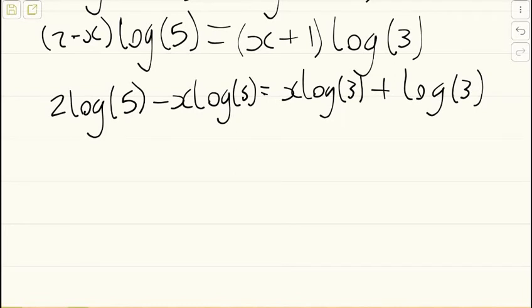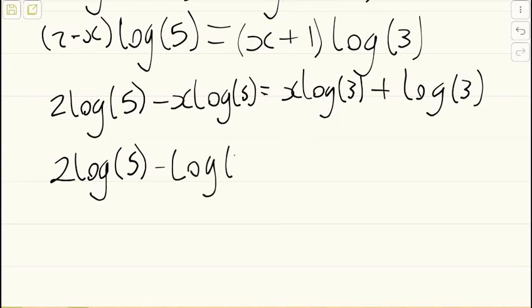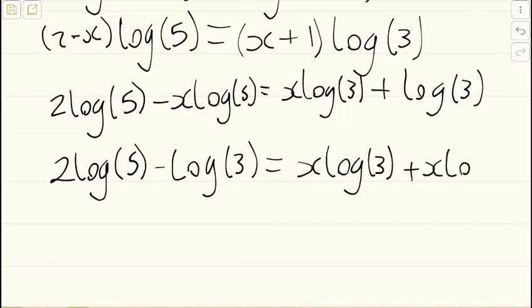So I am going to subtract log 3 from both sides, and then I'm going to add x log 5 to both sides. So I should get this 2 log 5 minus log 3 equals x log 3 plus x log 5.